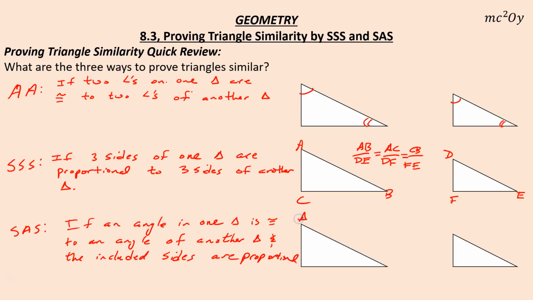All right, so once again, A, B, C. Actually, let's use different letters this time. All right, let's go with Q, R, S. There we go, getting crazy. Okay, and X, Y, and Z. All right, so let's say we have angle Q is congruent to angle X.